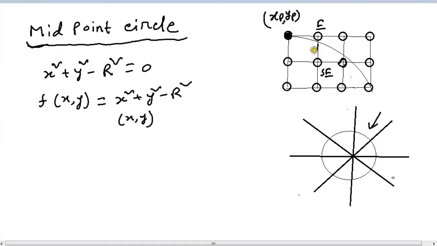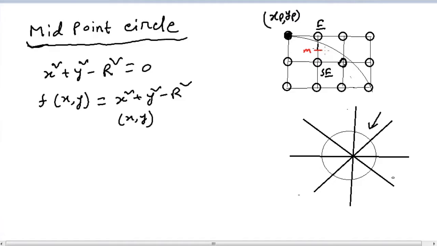The midpoint would lie somewhere around here. Now as you can see, if the midpoint lies inside the circle, then the pixel E is closer to the arc. On the other hand, if the midpoint lies outside the circle, the point SE would be closer to the arc.